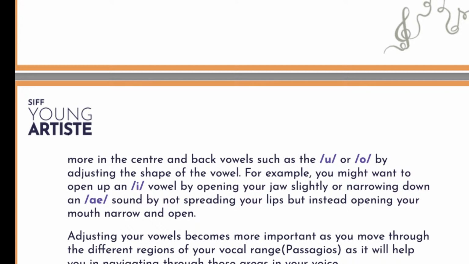Say for example, an ee, my jaw is moving down and it's a more fuller sound. And even for an ay, I'm slightly spreading my lips and I'm not opening it narrow, okay.